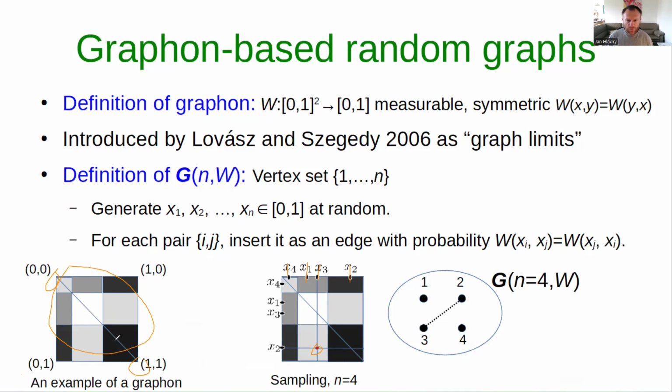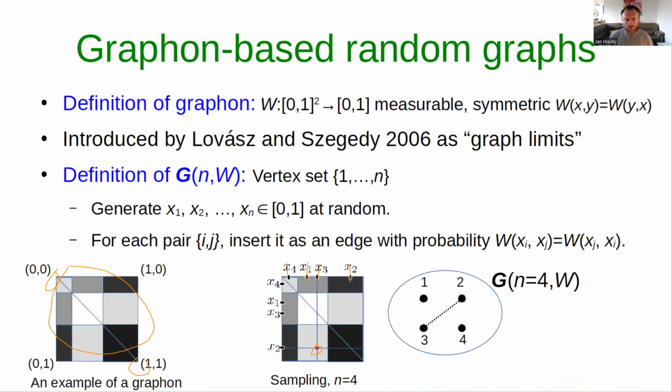While unusual for Euclidean geometry, this is perfectly standard in matrix theory. In fact, you can think of graphons as infinitesimal versions of large adjacency matrices squeezed into the unit square.